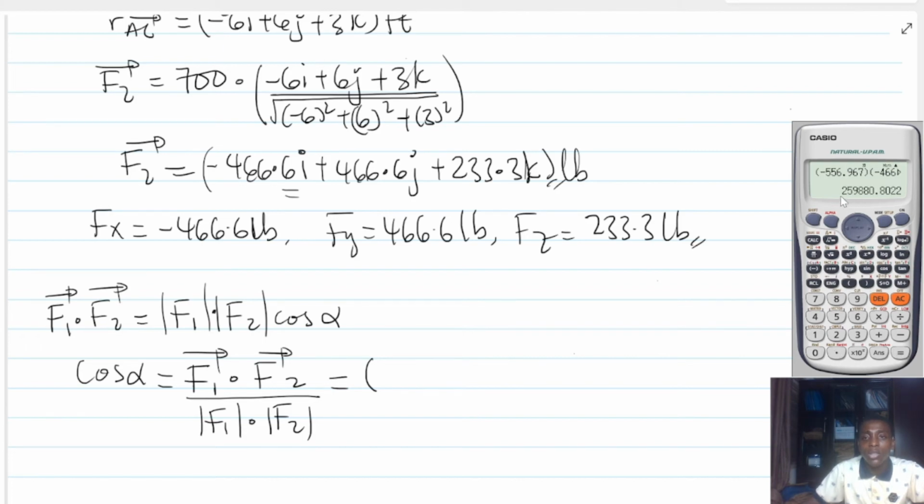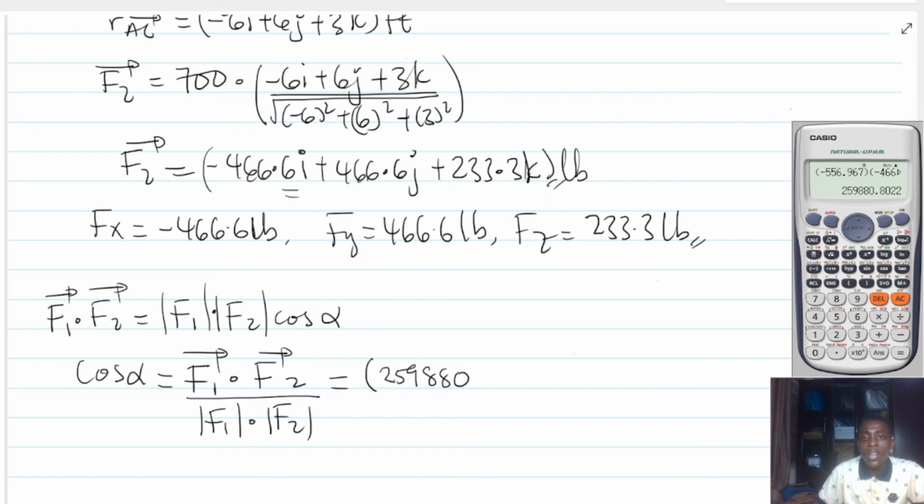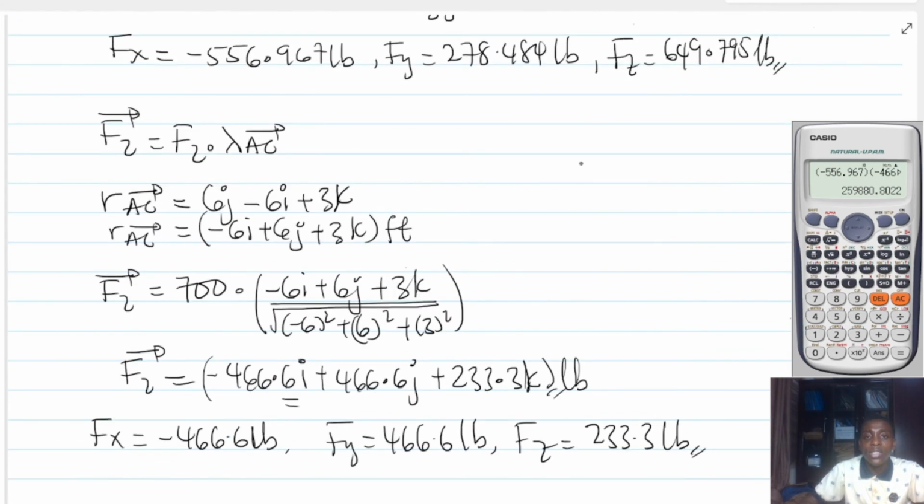And I'll put this at one point. What is that? 259880.80. All right, and then I'll add it to the second part, which is taking the y component of this and multiplying it.